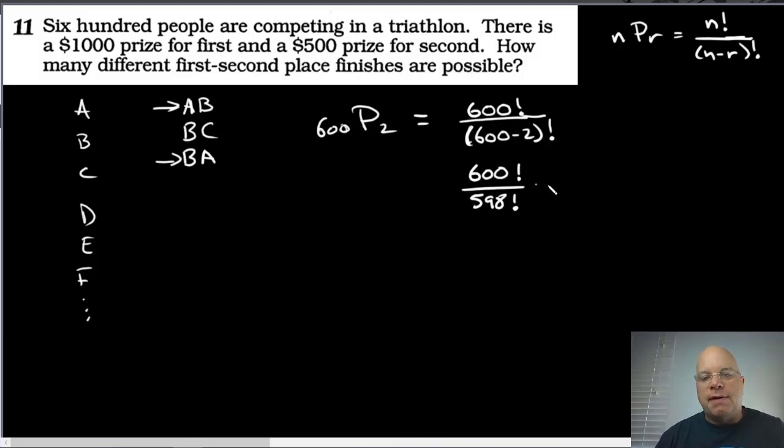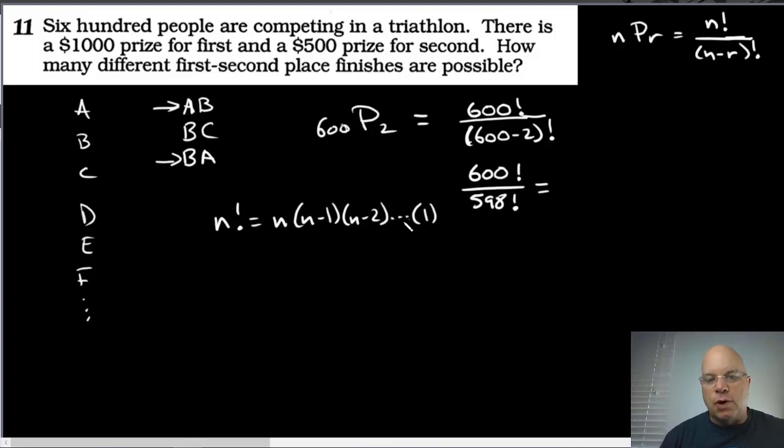So if you expand the factorials, we learned that n factorial equals n multiplied by n minus 1 multiplied by n minus 2, and you keep following that pattern until you get down to 1, and you're multiplying all of these factors together.